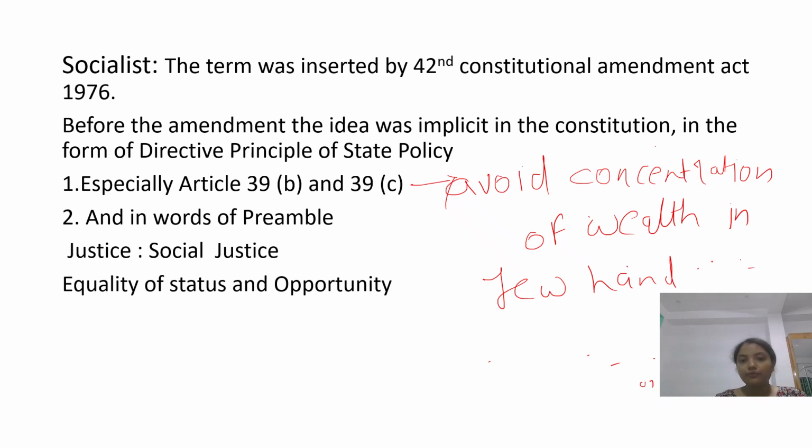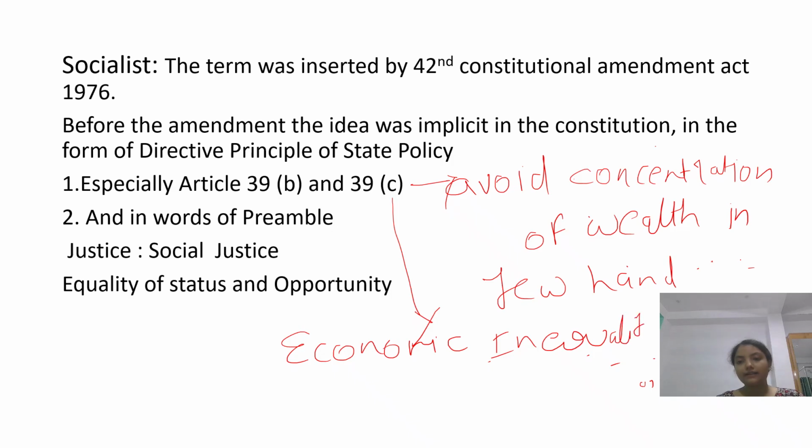Its aim is to prevent economic inequality. So Article 39B says community resources should be distributed so they benefit the society as a whole, and Article 39C says the economic system should not lead to the concentration of wealth in few hands or a small group of people.